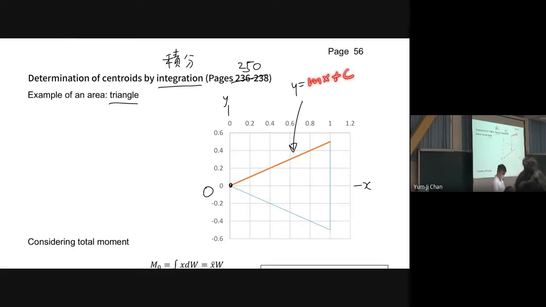So for this line, how should we write this? You can say it in Chinese or English. Because it goes through 0.5, this line is equal to, okay, that is good, 1/2 of x. And of course, the other line is y equals minus 1/2 of x.